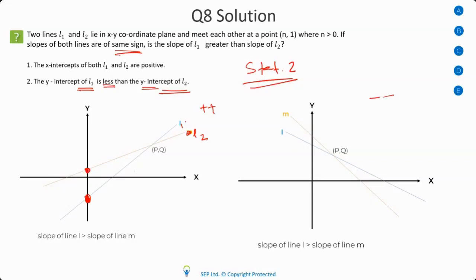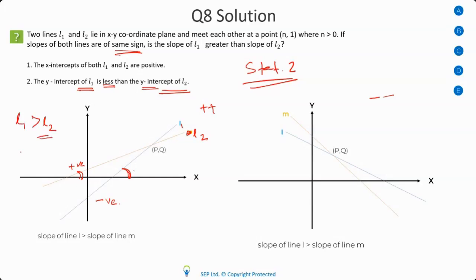Now notice the y-intercept is negative here, and here it is positive. Keep this in mind: when I draw this, after satisfying the condition, I can see that L1 is this one, L2 is this one. In this case, I can see the slope of L1 is greater than the slope of L2.